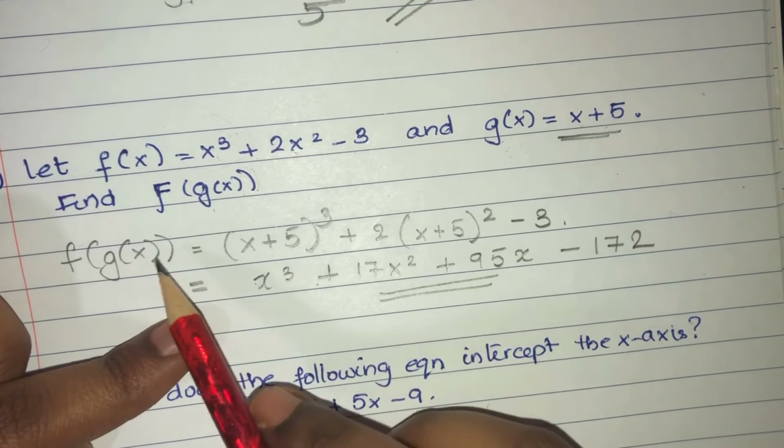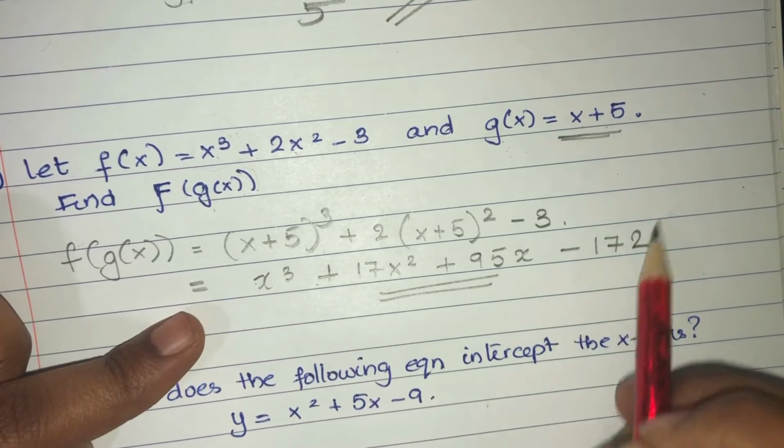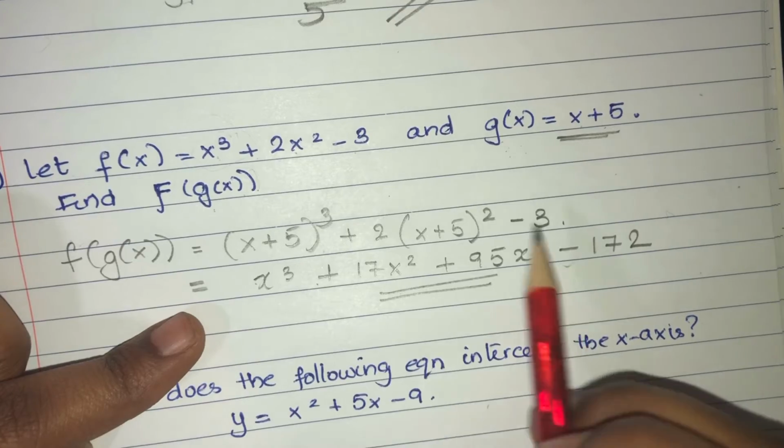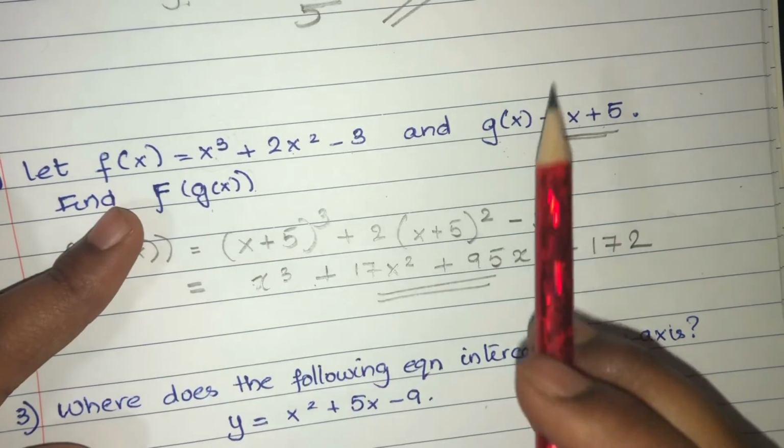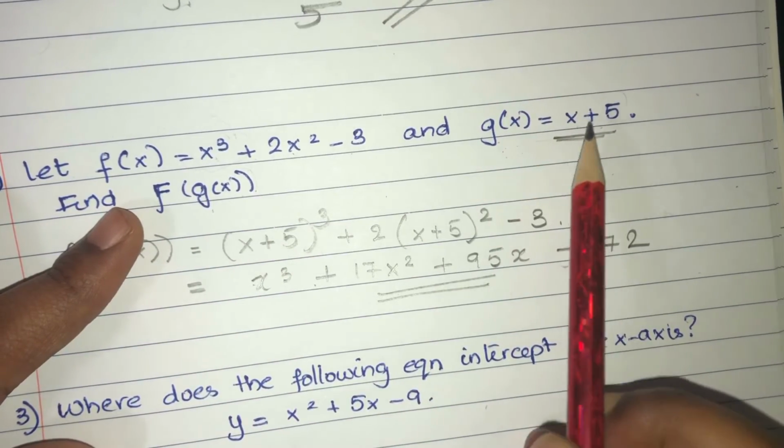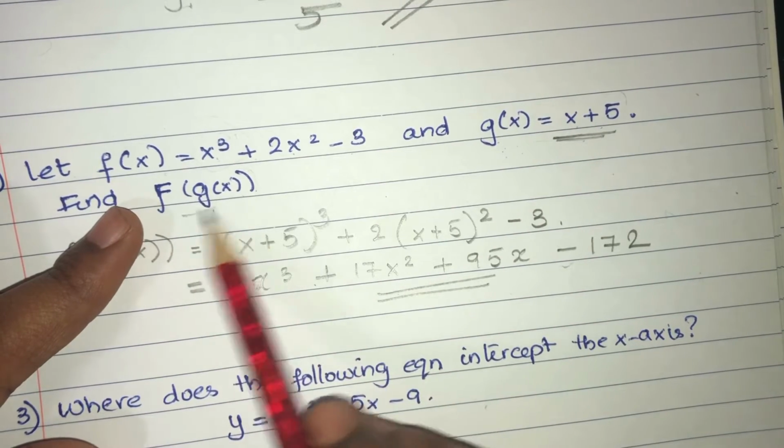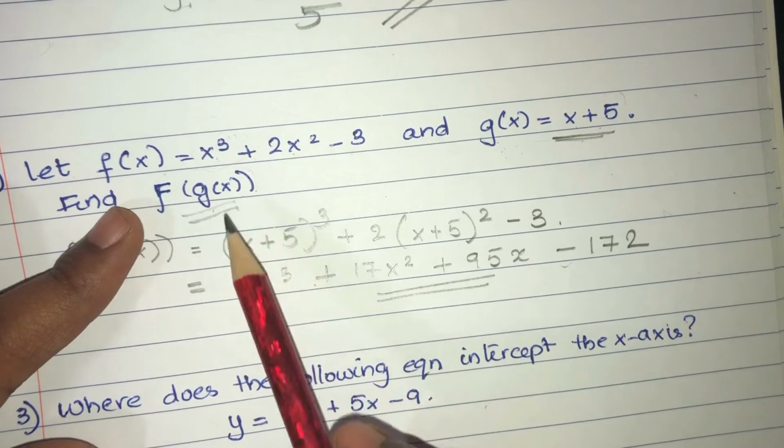So this is f of g of x. This is just a simple equation where we have to substitute g of x in f of x, and we'll get f of g of x.